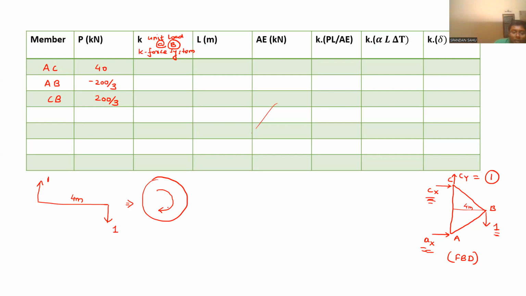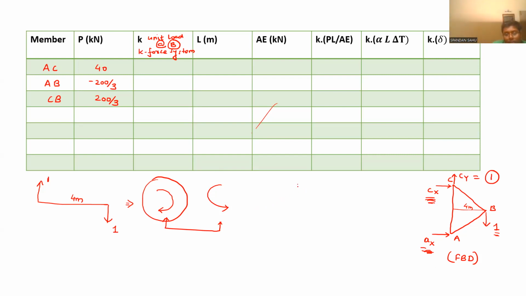So this clockwise couple can be neutralized with the help of this Cx and Ax in the form of an anti-clockwise couple of equal magnitude. Obviously, the magnitude should be same such that the clockwise rotation and the anti-clockwise rotation will neutralize each other and it will become 0. That means the complete structure will be in the state of static equilibrium.